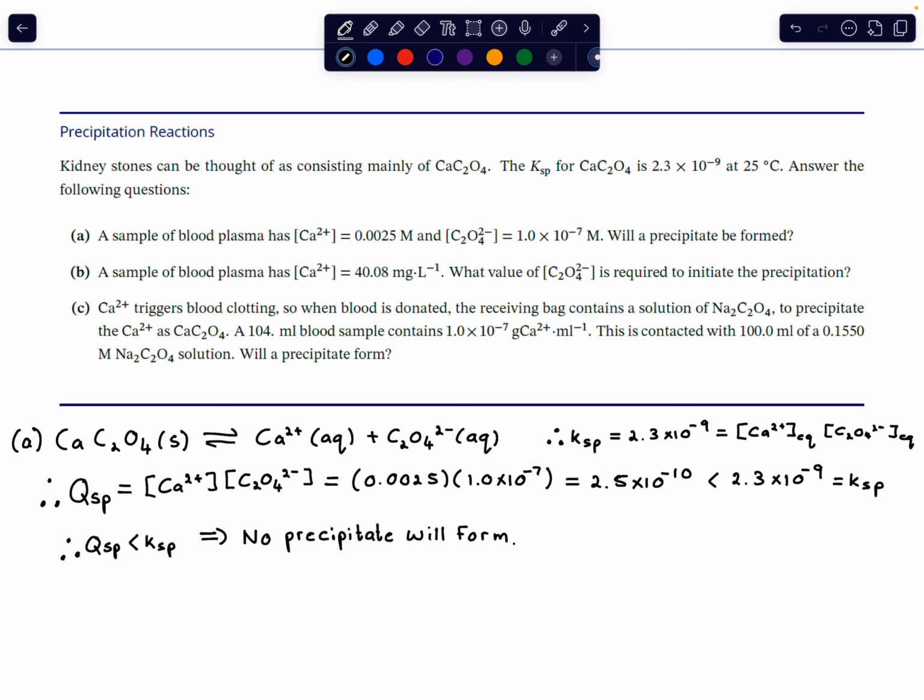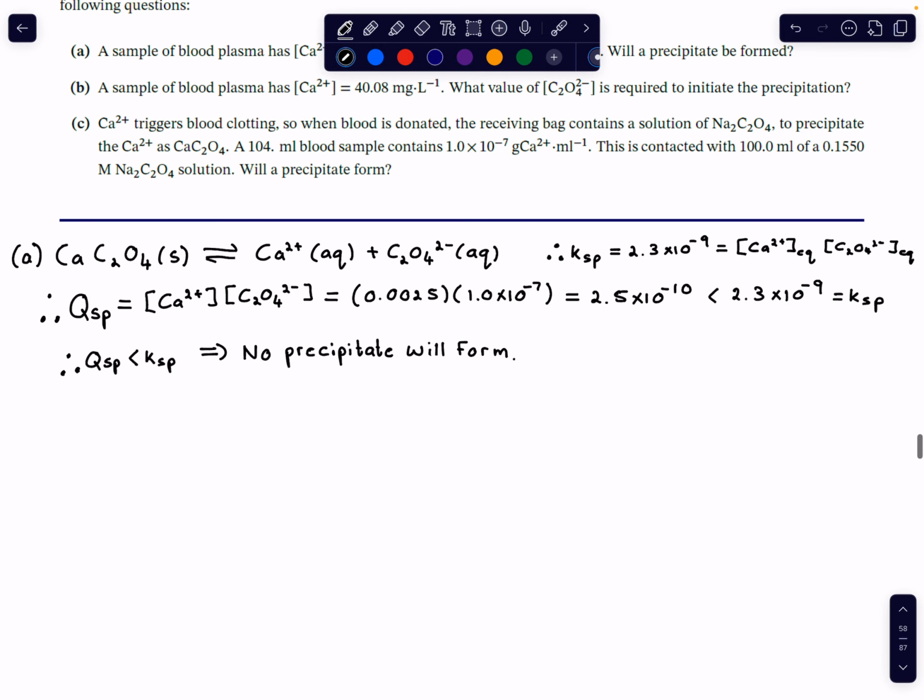Larger than K, definitely a precipitate will form. Equal to K, the solution is saturated, so it's on the brink of forming a precipitate. Less than K, no precipitate will form. So less than K, no precipitate. Larger than K, precipitate. Equal to K, solution is saturated. I still would say no precipitate will form when Q is equal to K.